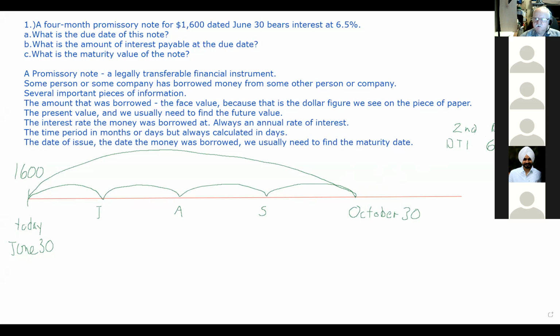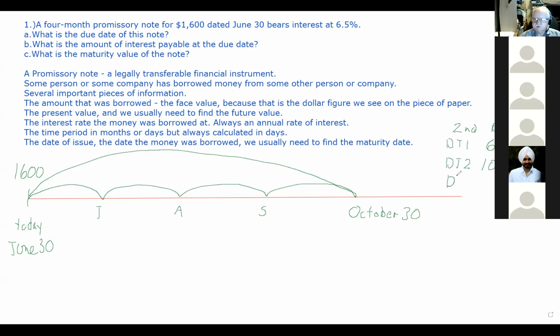And then we'll hit the down arrow or go enter and down. And then we're looking at DT2, and our second date is October, so that's the 10th month. So 10.3021, and we'll go enter and down.